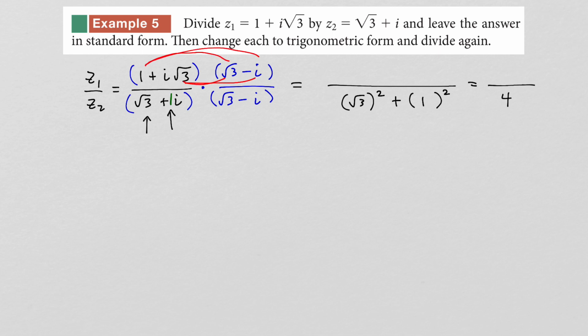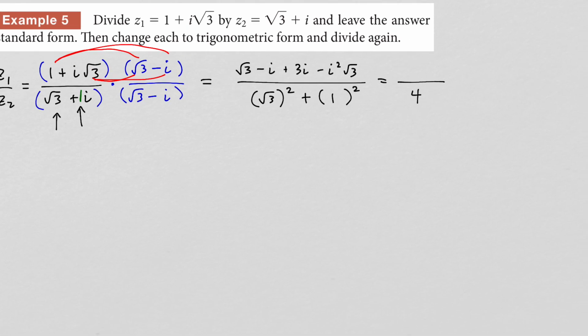And when we do that, 1 times radical 3 is radical 3. 1 times negative i is negative i. i radical 3 times radical 3 is 3i, right? So positive 3i. And then finally, we have i radical 3 times negative i, which is negative i squared radical 3.